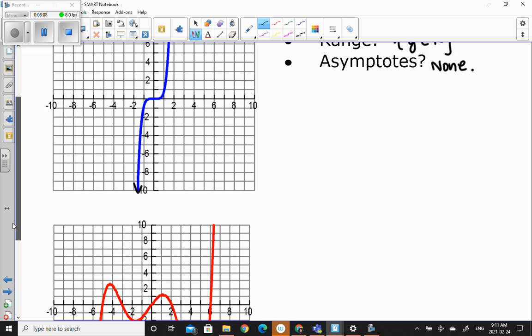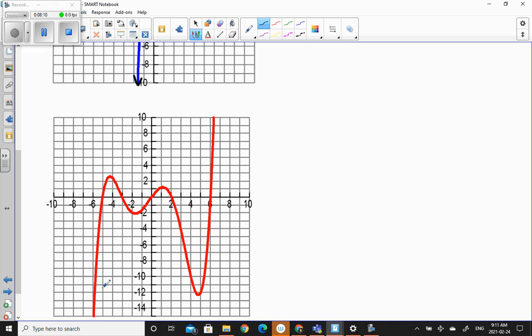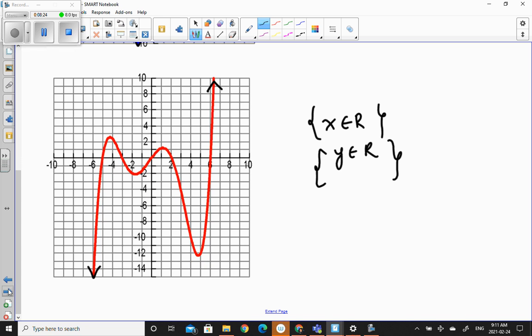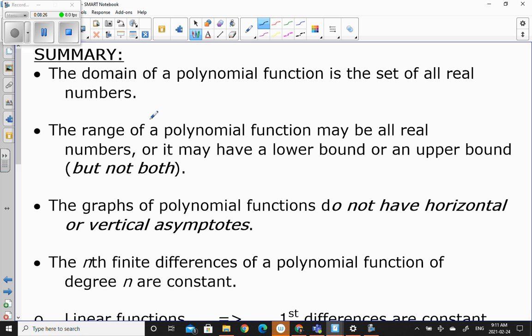Okay. This can also be a quintic function. It's another type of quintic function, which you can see that x is a real number, y is also a real number. They can go from negative infinity to positive infinity. Okay. So in summarizing, the domain of a polynomial function is the set of all real numbers.